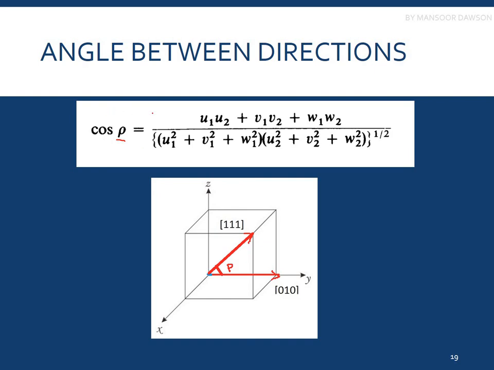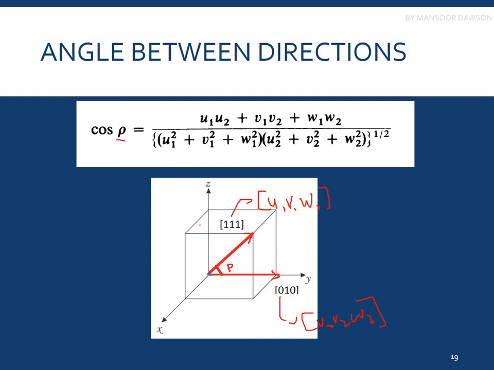So we'll be taking cos inverse of all this, in which we have u1, v1, and w1, which is one of these directions, and we can take the other as u2, v2, and w2.